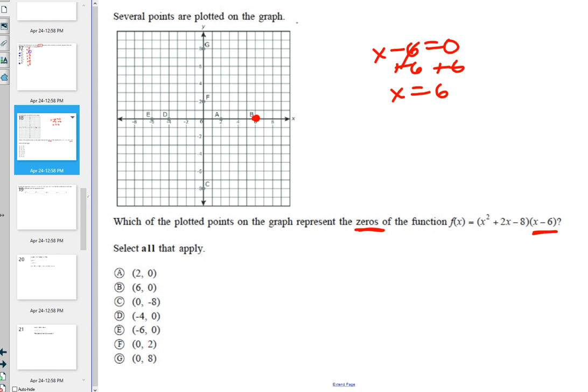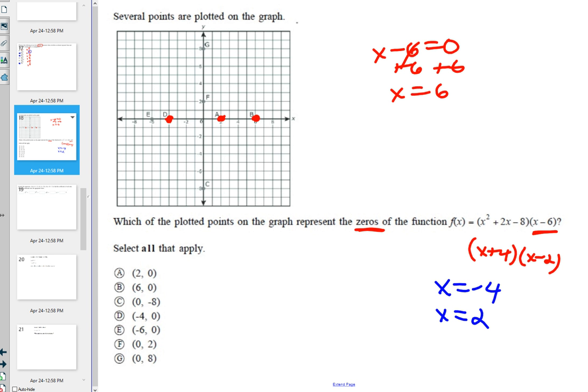Now the only other thing I have to do is factor this one. What two numbers multiply to give me negative 8 and add up to positive 2? Positive 4 and negative 2, which means if I made each one of those equal to 0, I would get x is equal to negative 4 and x is equal to 2. So my zeros here are 6, negative 4, and positive 2.